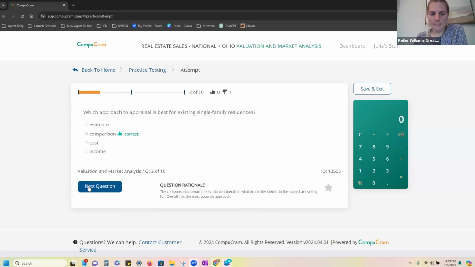Right, B, that is correct. Good job. Comparison approach takes into consideration what properties similar to the subject are selling for. Overall is the most accurate approach.